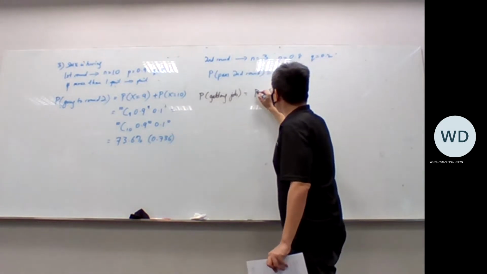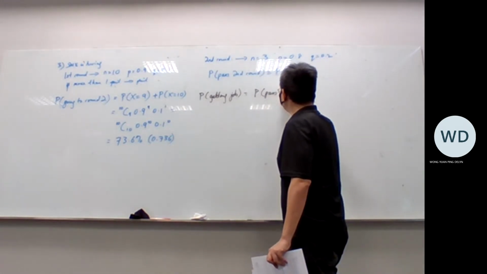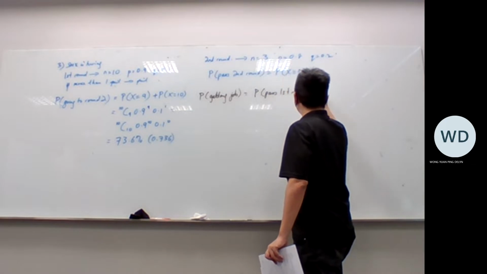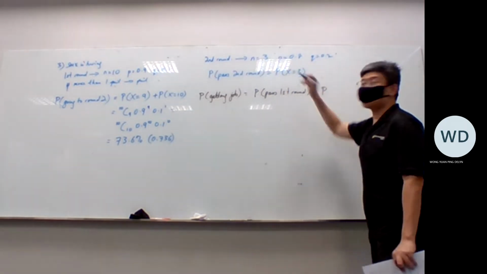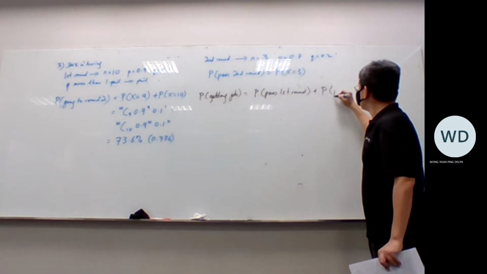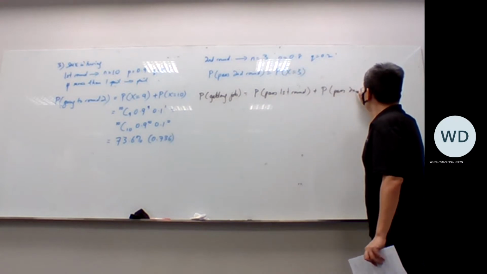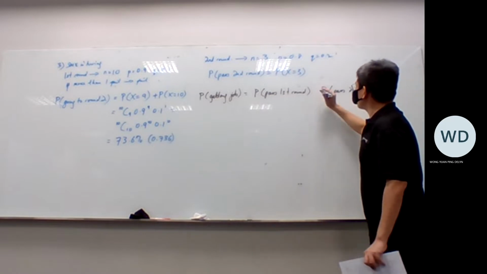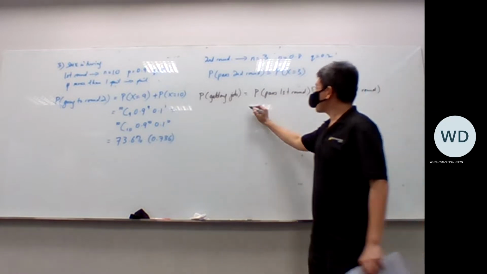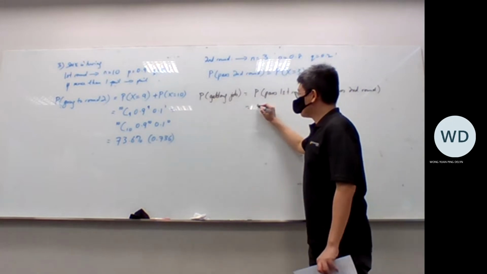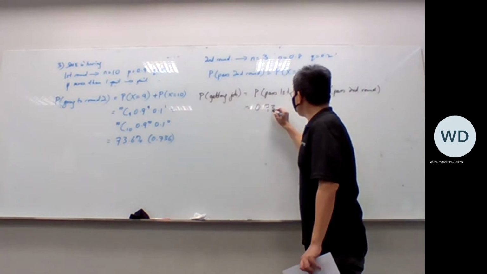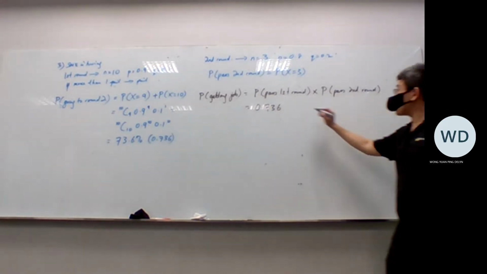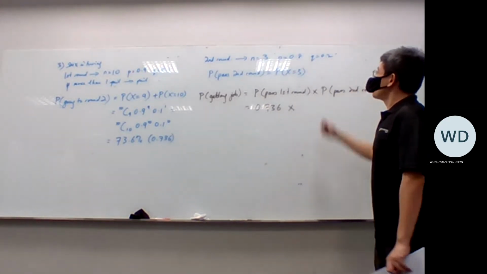So the probability of passing the first round plus the probability of passing the second round. Not plus, multiply. So the probability of passing the first round is really known here, 0.736. The probability of passing the second round is what you need to calculate using here.